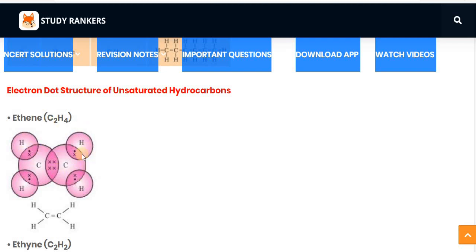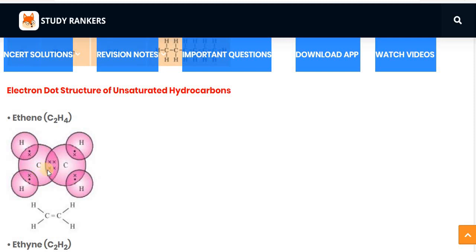Now let's see the electron dot structure of ethene. As we know, carbon possesses 4 valence electrons and hydrogen possesses 1 valence electron. The hydrogen electron is denoted by a dot, whereas the carbon electron is denoted by a cross.